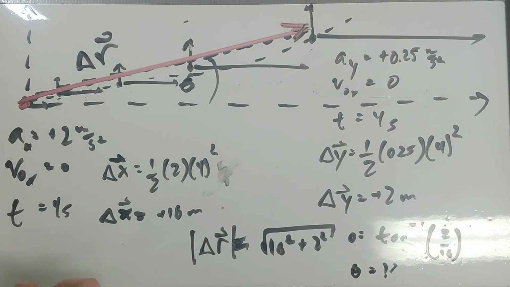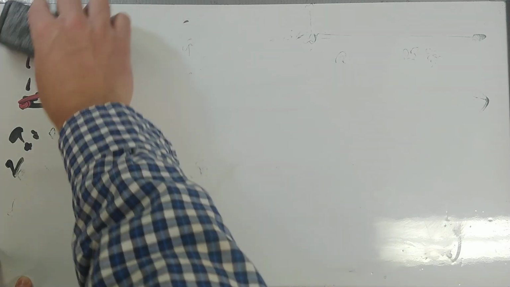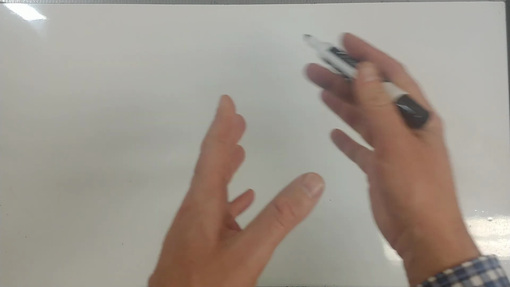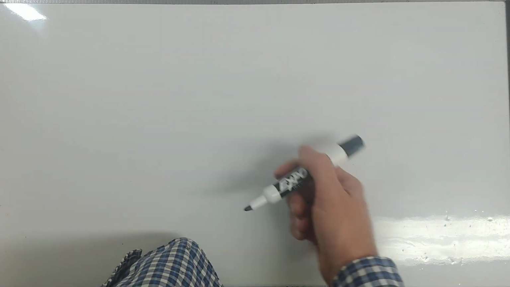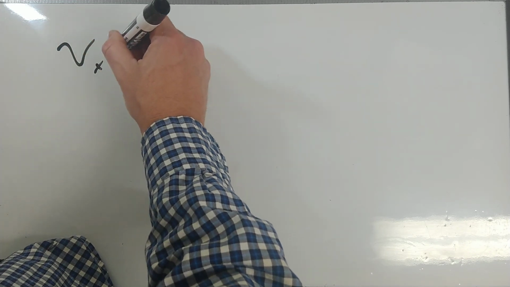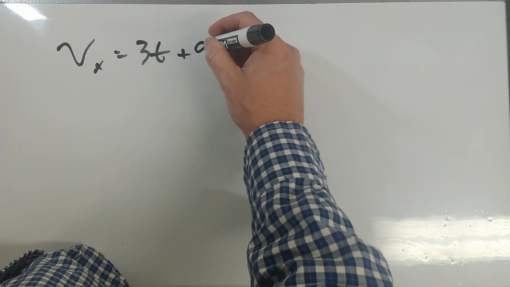Really, the whole point here is you could have any wacky, crazy acceleration in either direction, and you'd have to figure it out. Now, keeping track of things, I could make it a function as well. The velocity in the x direction is 3t plus 9.